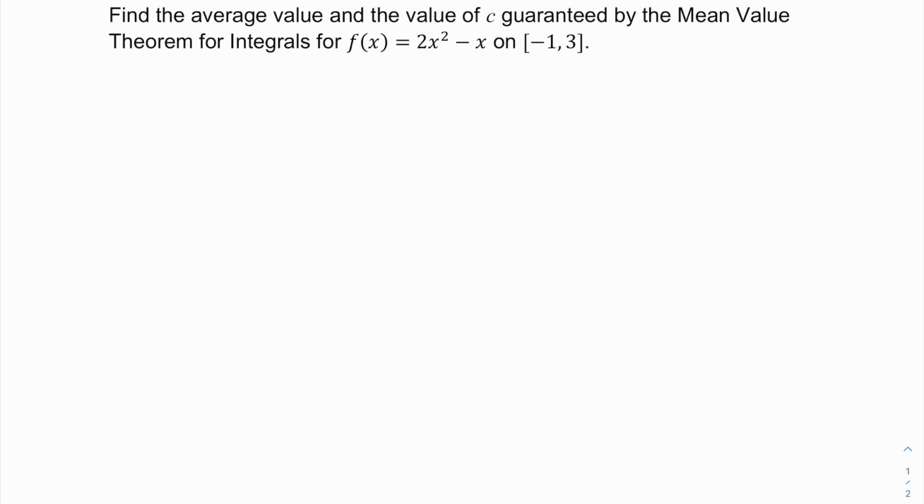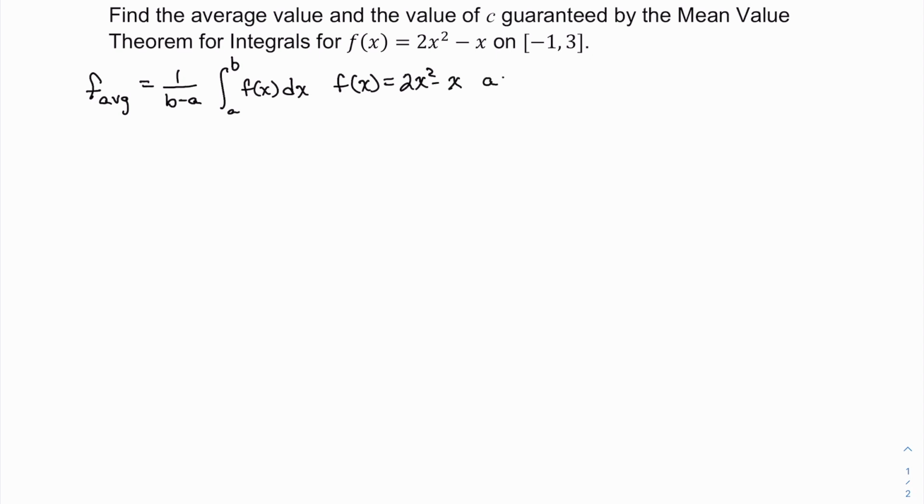Now when we do this type of problem, we want to first find the average value of the function. So our f sub, and I'm just going to use this notation of subscripting with the abbreviation for average, AVG, and that, recall, is equal to 1 over b minus a times a definite integral from a to b of f of x dx. And here our f of x is 2x squared minus x.